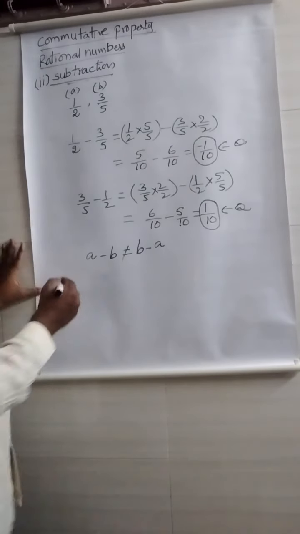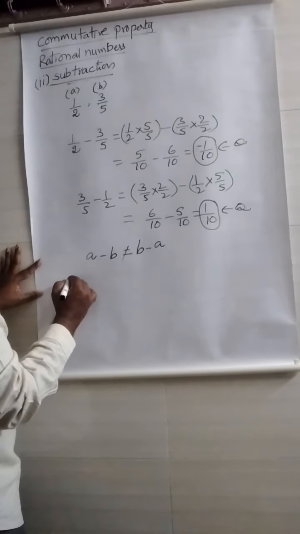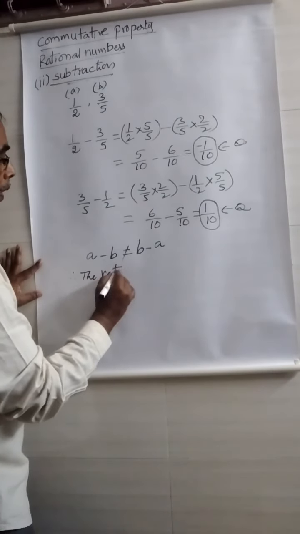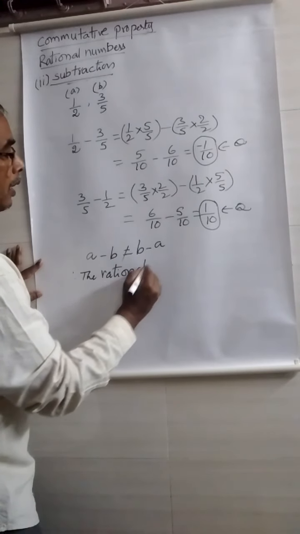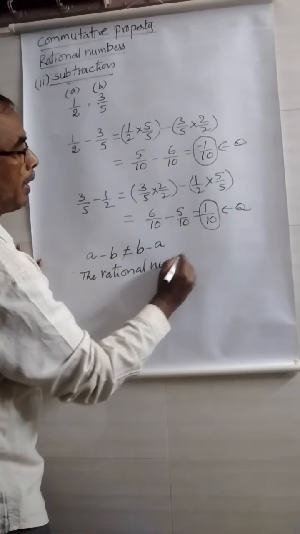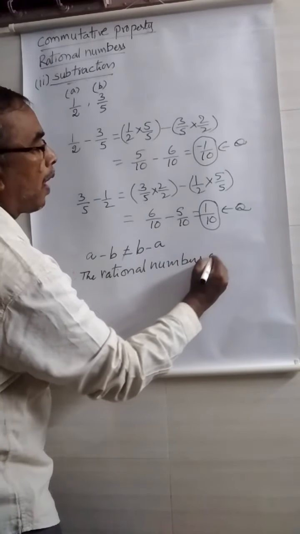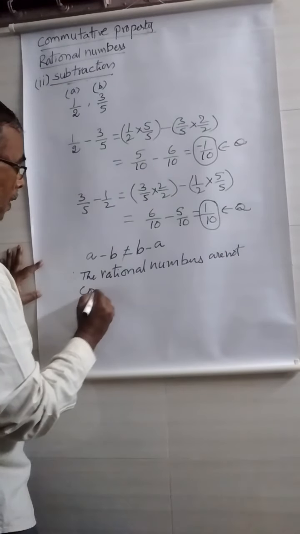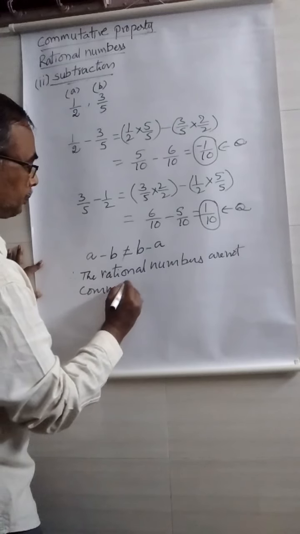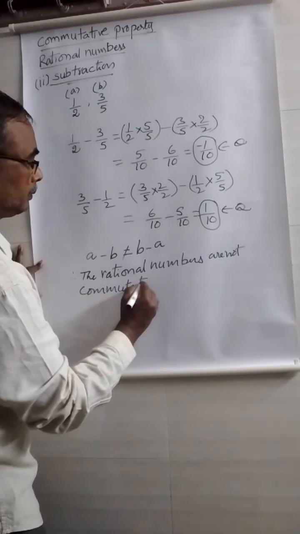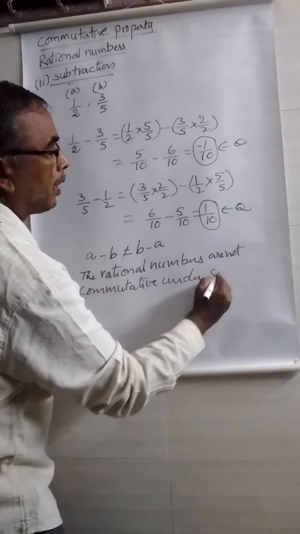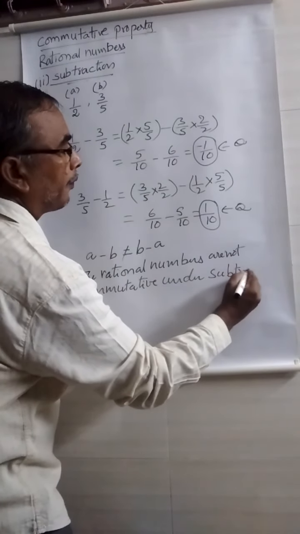That means, therefore, the rational numbers are not commutative under subtraction.